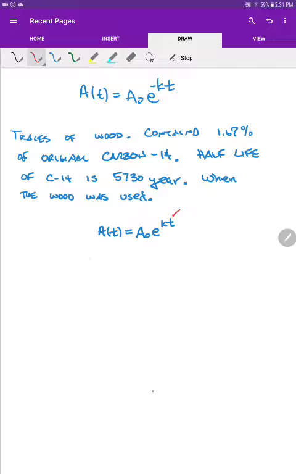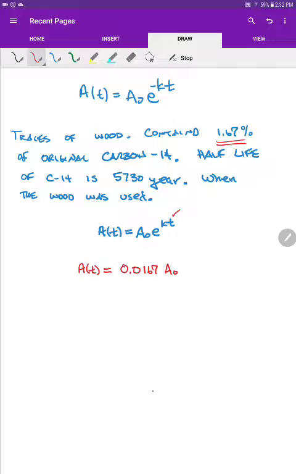We found, according to our problem, that A of t was equal to 0.0167 of A0. That's based on information in the problem that it contained 1.67% of the original.